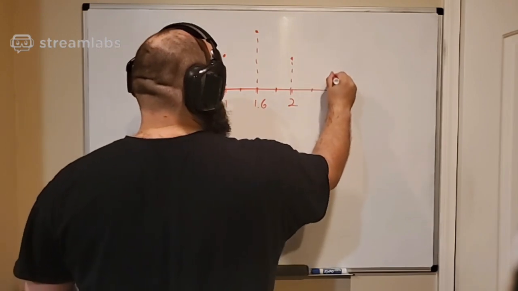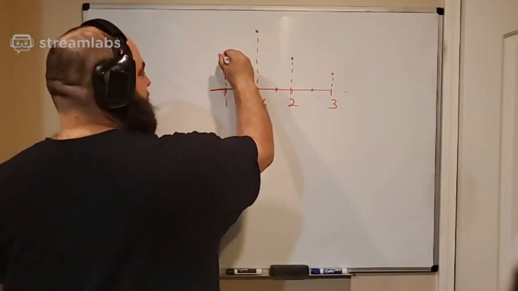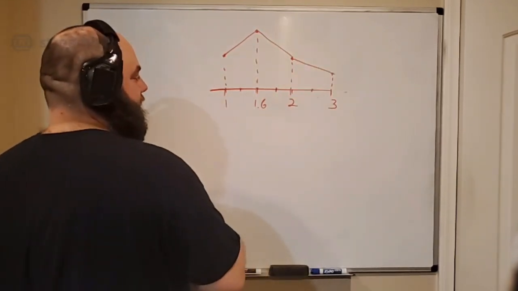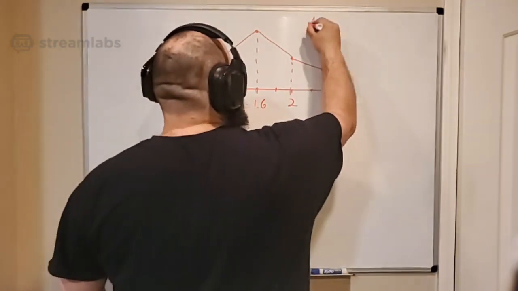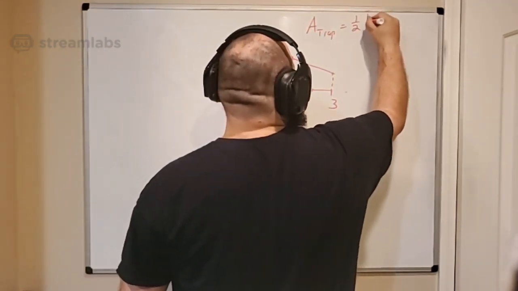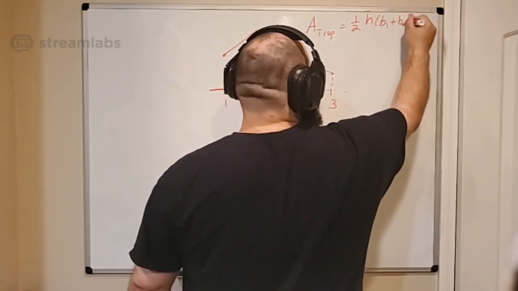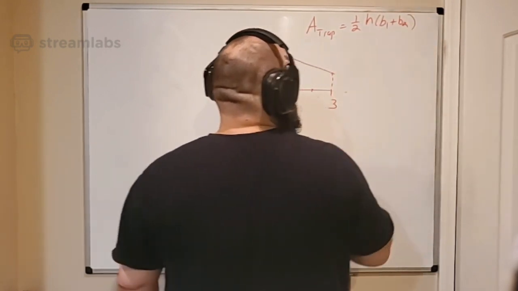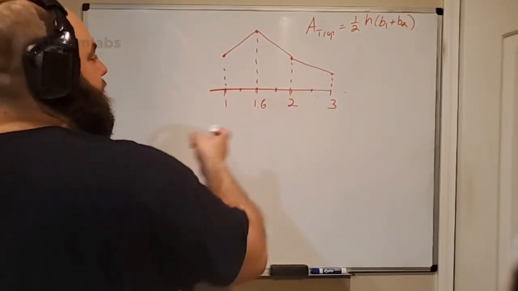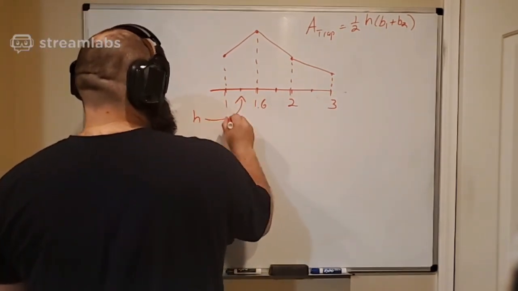So once you get your points, you just make trapezoids. And remember, the area of a trapezoid is 1/2 height, base 1 plus base 2. So don't forget that. At that point, you just fill everything in. Remember, your height value is your width here.